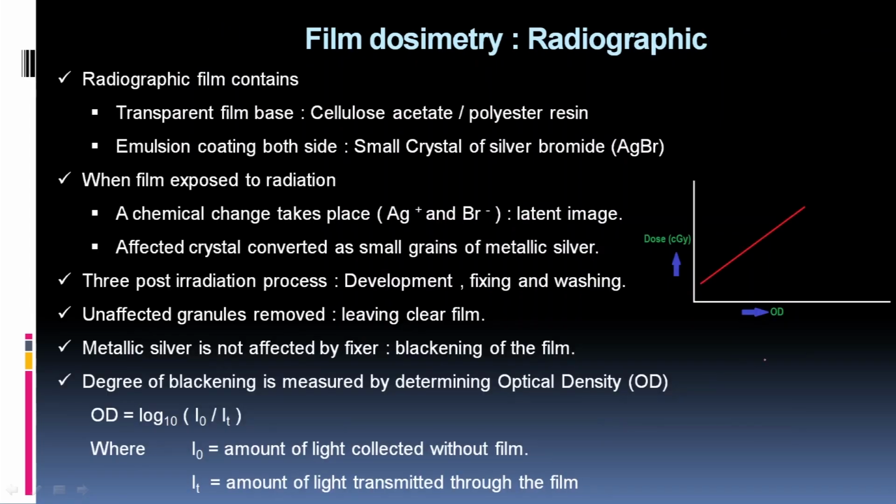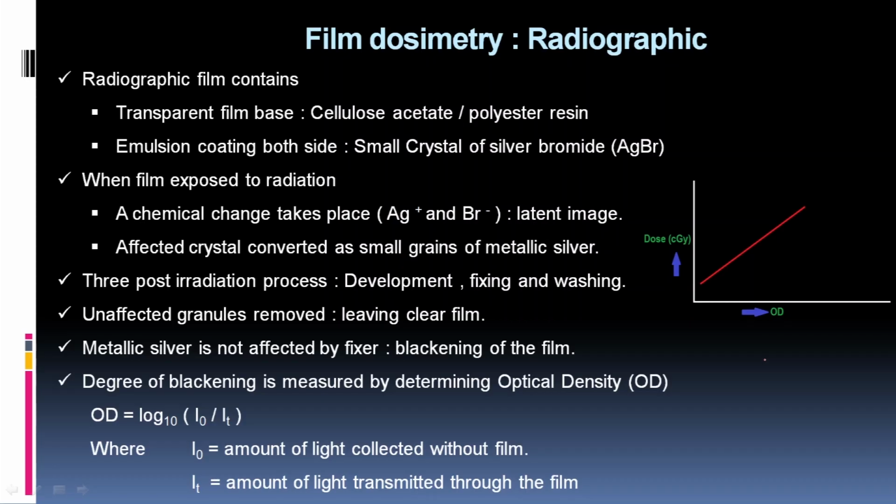Now film dosimetry. There are two types of film, one is radiographic and another is radiochromic. In radiographic film there is a transparent film base that is made up of cellulose acetate or polyester resin, and there is an emulsion coating on both sides.